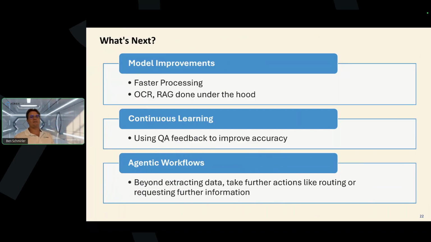Continuous learning: with that interface, we gave some feedback, so we can now use that feedback to improve the accuracy of the model. And beyond an application around the processing steps, we can look at agentic workflows, taking further actions like routing or requesting information after that data has been extracted. So building it into an agentic workflow.